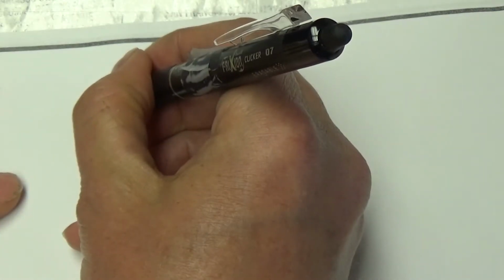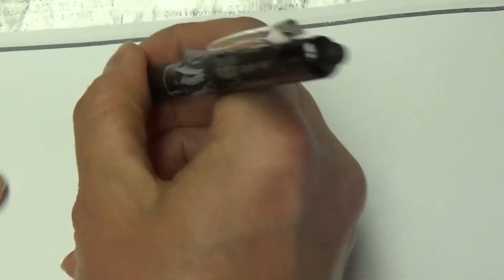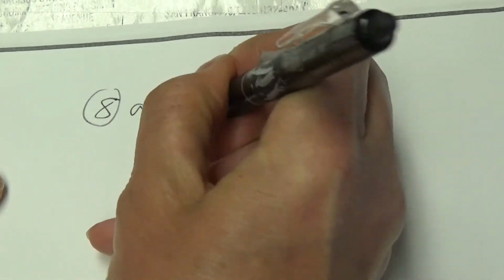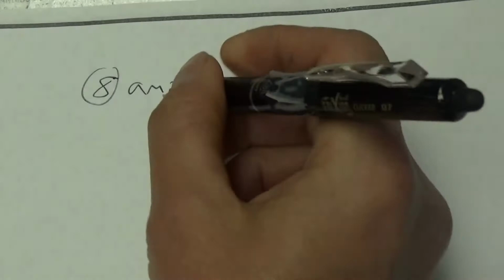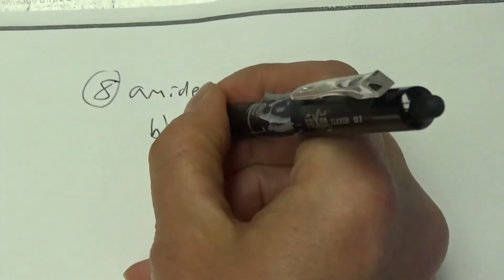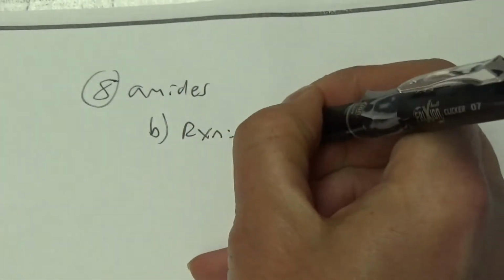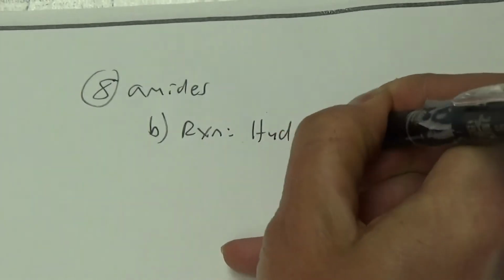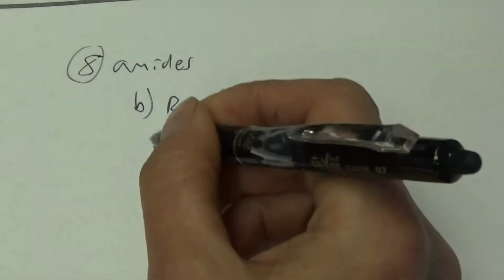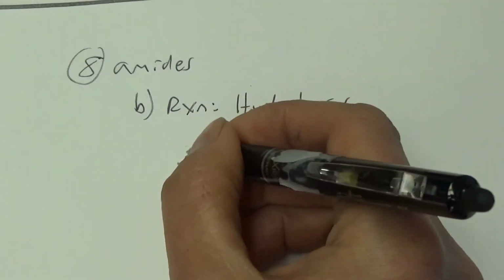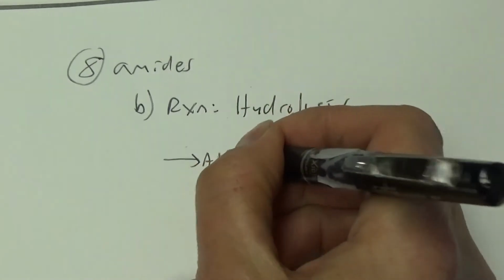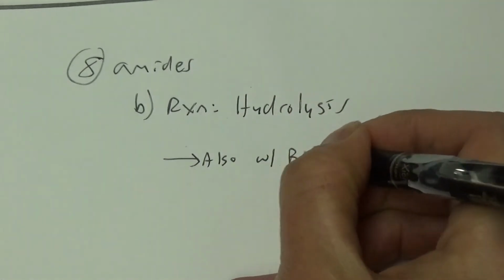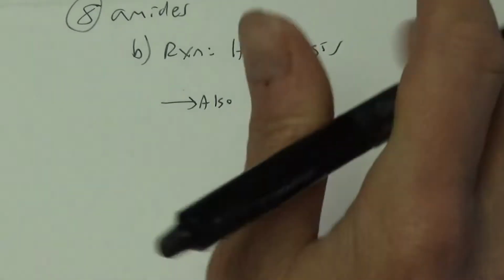Okay, so 8 is amides, and we're on reactions, hydrolysis. Another thing you can do is base-mediated hydrolysis instead of acid-catalyzed hydrolysis.